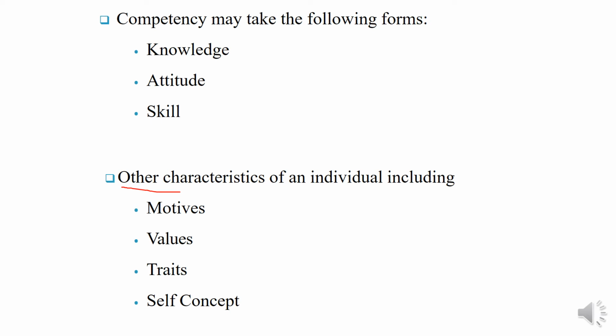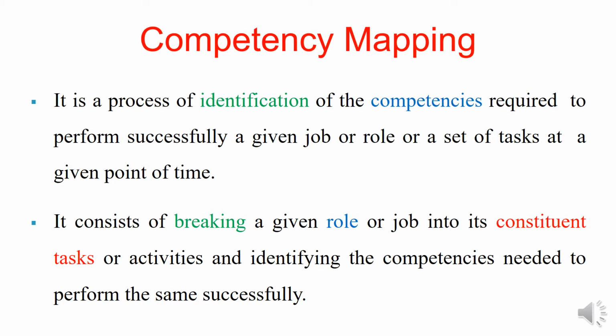So these together make competencies. Mind you, these together make competencies. For the sake of this presentation, please remember this term, which will come up more frequently: KSAO, which stands for knowledge, skills, attitude, and other characteristics.